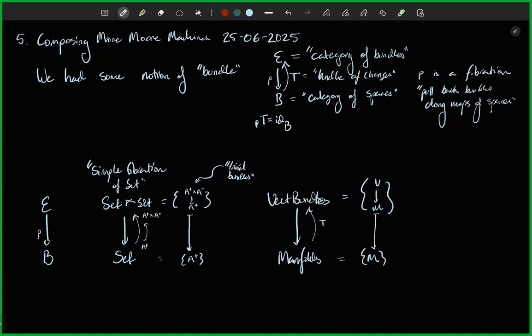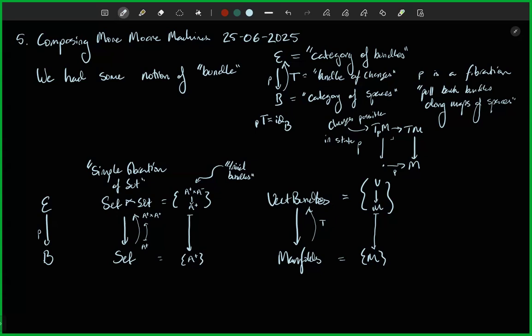And the idea of the bundle of changes is that over M you have TM, and if you look at a point in M, and you look at the fiber over that point in TM, then these are the changes possible in state P. So in the theory of ODEs, the changes possible in the state P are precisely the tangent vectors to P. So you make an infinitesimal change, and you say how you're changing.